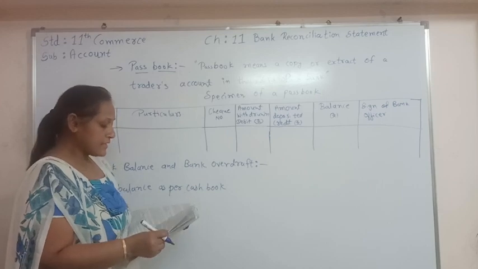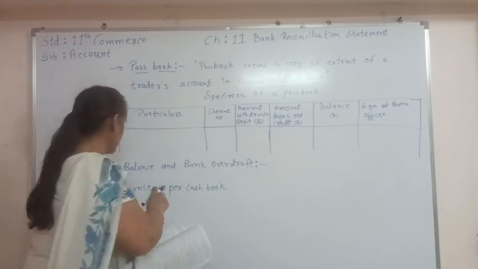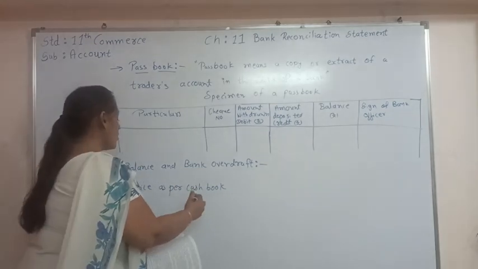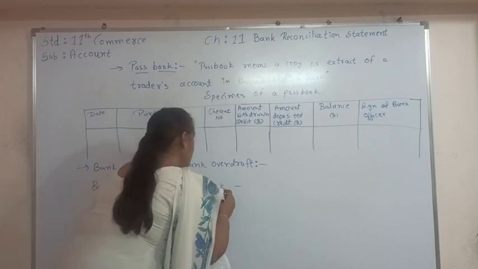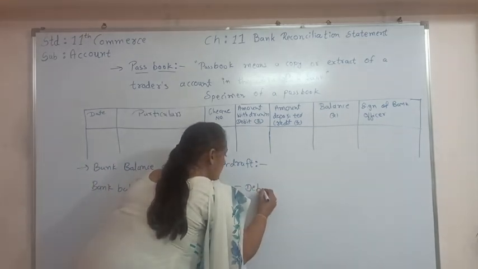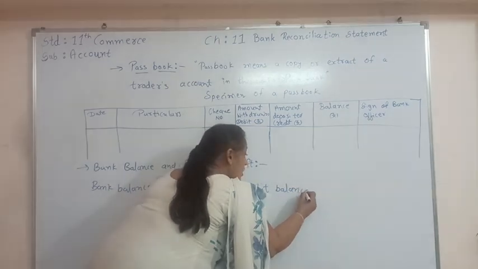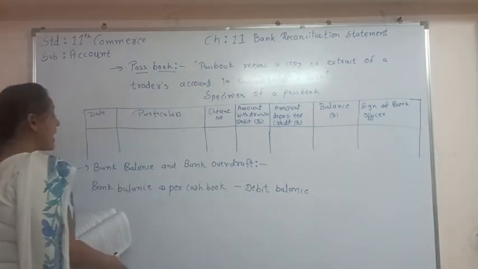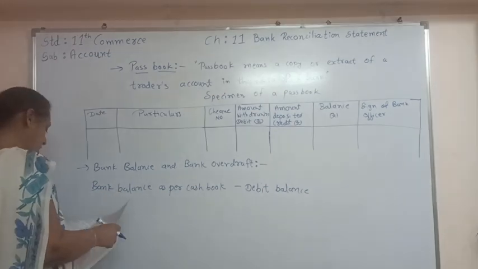Okay, so it is bank balance as per the cash book, and it has a debit balance as per the cash book. According to the passbook, bank balance has a credit balance.